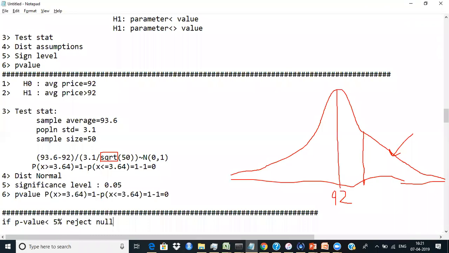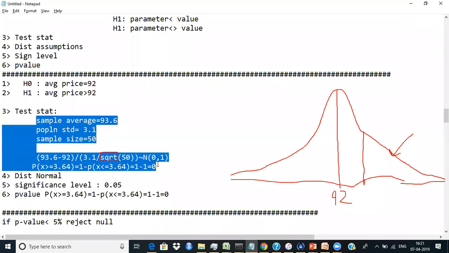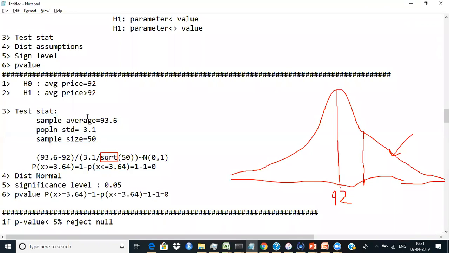Yes. That was it. Make sense? Okay. Sir, I have a question. Our distributional assumption is taken care of here because we use the central limit theorem, right? Under the central limit theorem, what is the distribution? Normal.